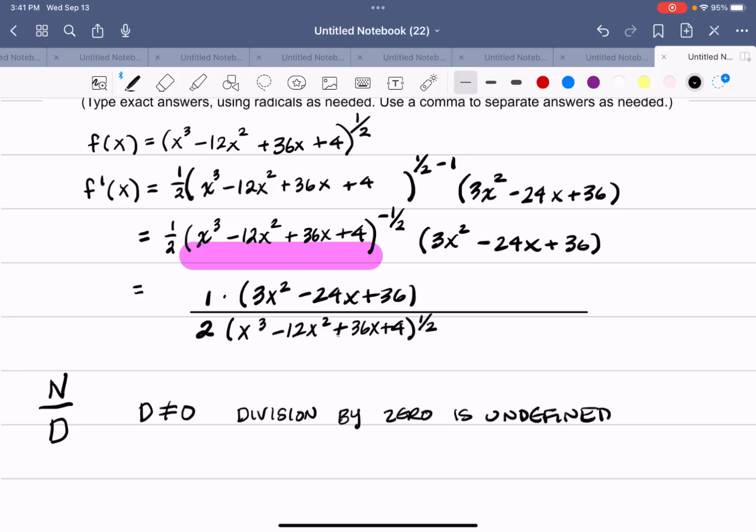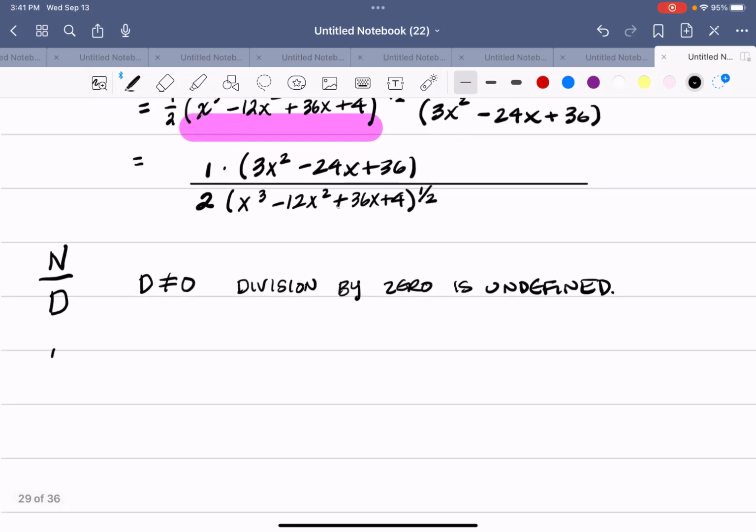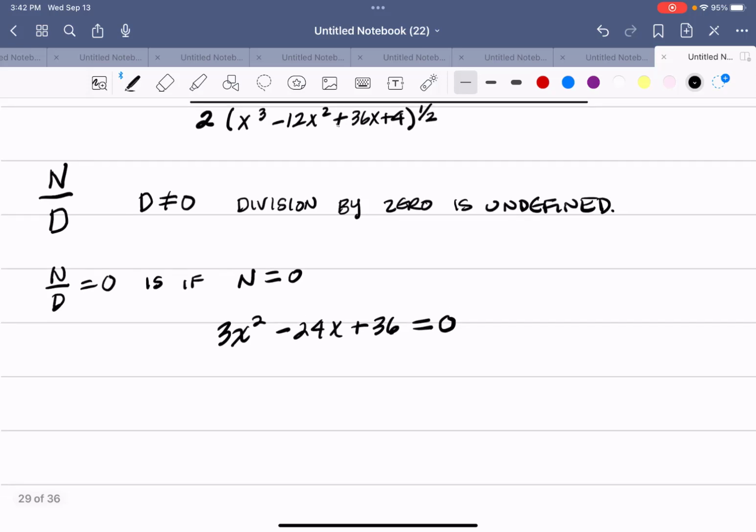So the only way a fraction n over d can equal 0 is if the numerator equals 0. So I don't need to do anything with that denominator. I just need to take my numerator, 3x squared minus 24x plus 36, and set that equal to 0. So this is the formula for the slope of the tangent line where it is 0.